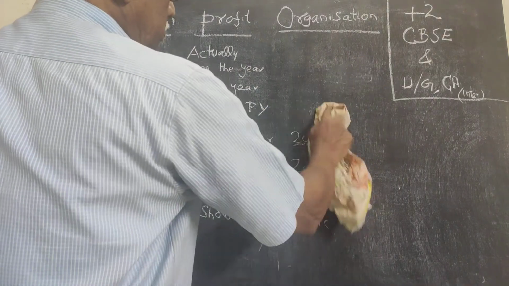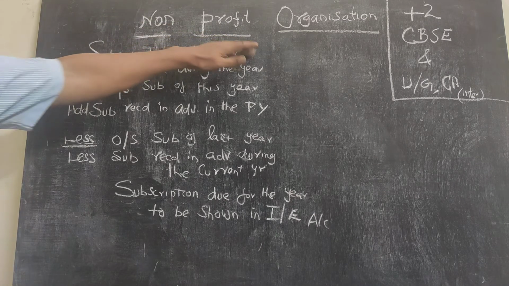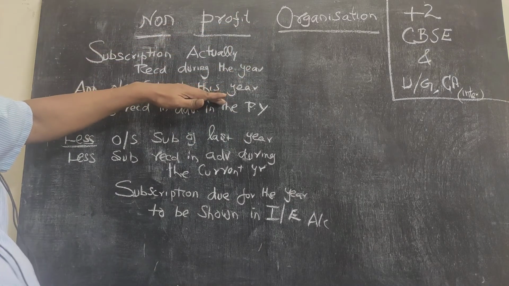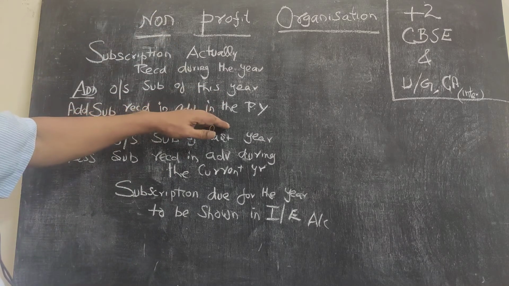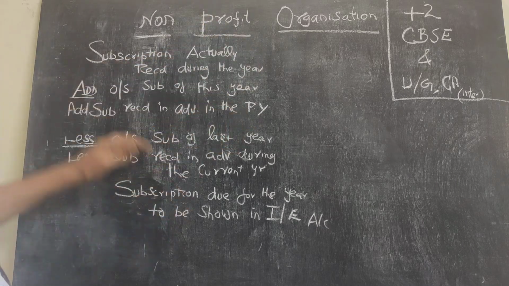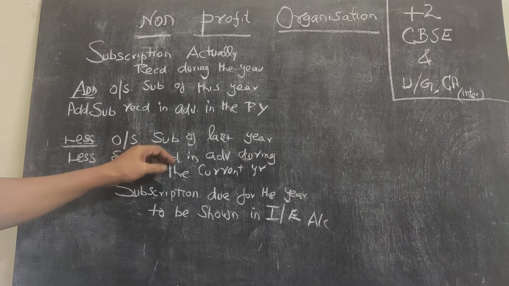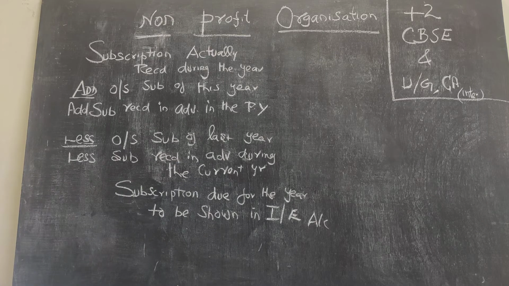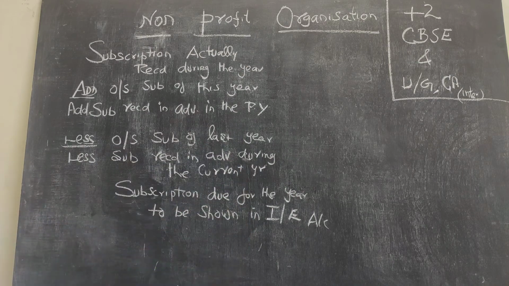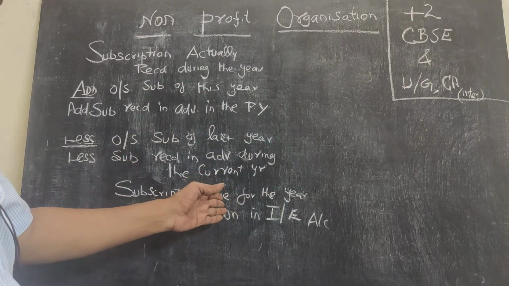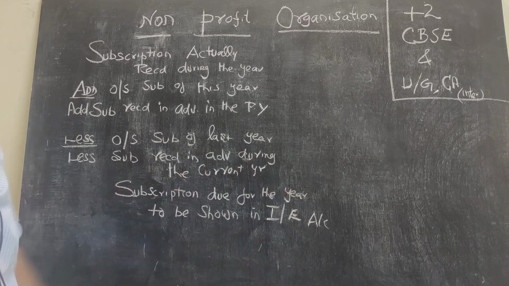You consider the subscription received actually during the year, and what would be the subscription outstanding at the end of this year, and add subscription received in advance in the previous year, and less outstanding subscription of the last year and subscription received in advance during the current year. Subscription received in advance during the current year pertains to the next year, so we have to reduce it. If you do this adjustment, then you will reach the subscription due for this year to be shown in income and expenditure account.